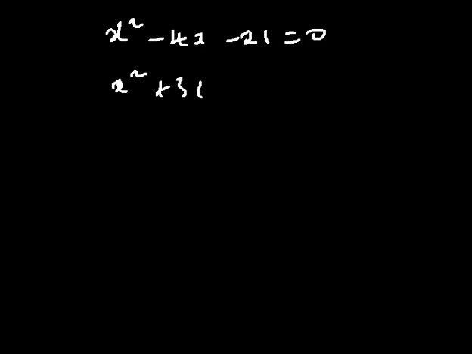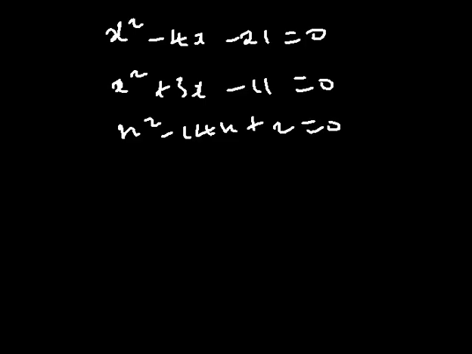Let's say we have x squared minus 4x minus 21 is equal to 0. And let's say x squared plus 3x minus 11 is equal to 0. And let's say n squared minus 14n plus 2 is equal to 0.